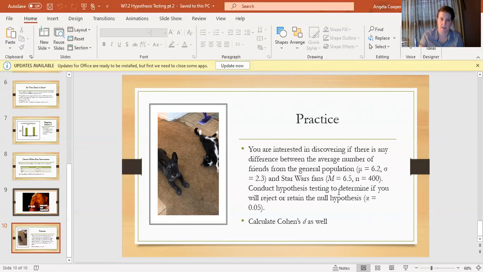So what does this mean? This means that the population of Star Wars fans has a different average number of friends in comparison. The population of Star Wars fans has a different average number of friends.